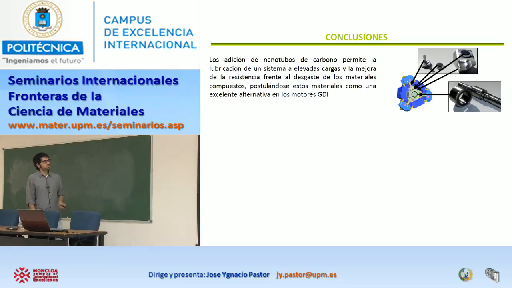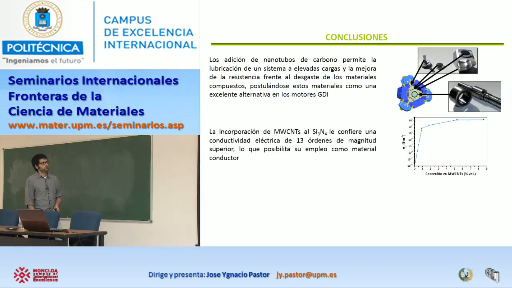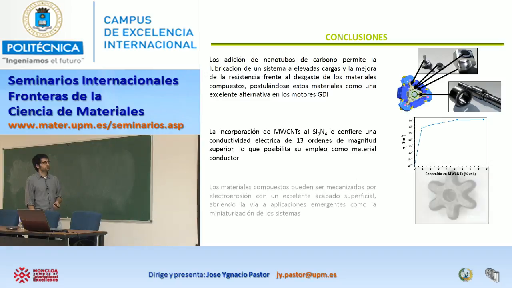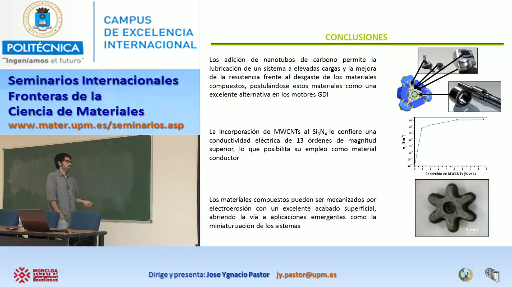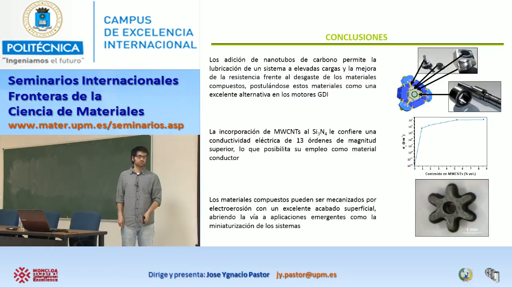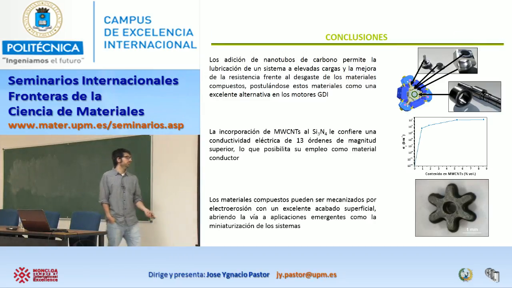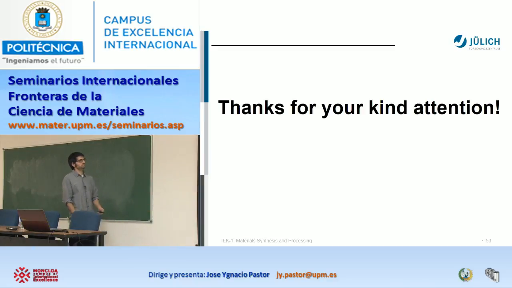Through the addition of the nanotubes, we can perform EDM, which is critical, through the improvement of the electrical properties, and finally we can really produce short pieces of interest for the market. I think that's all.